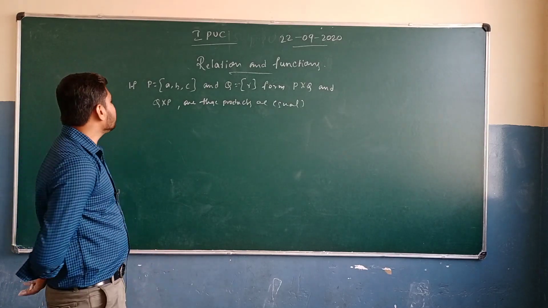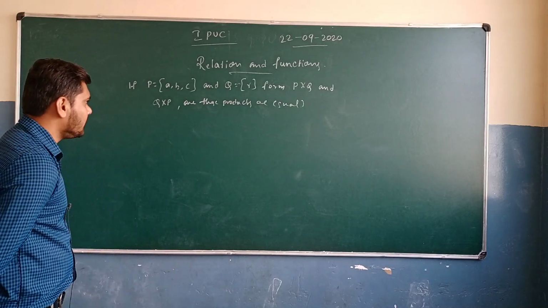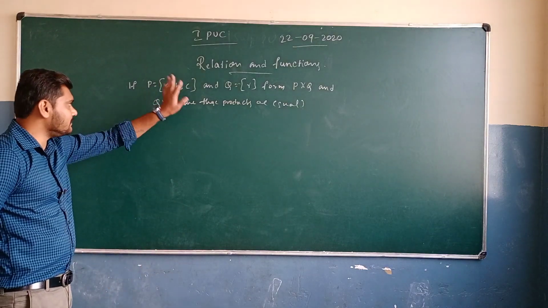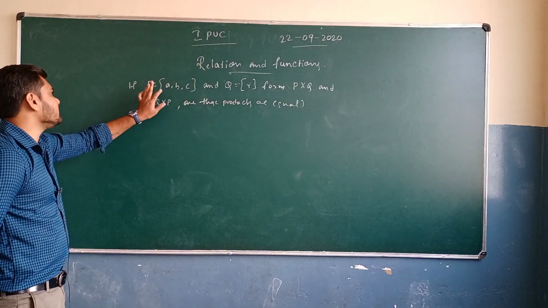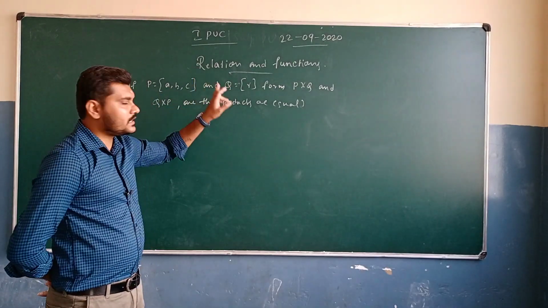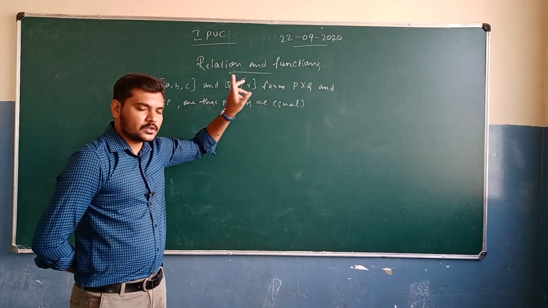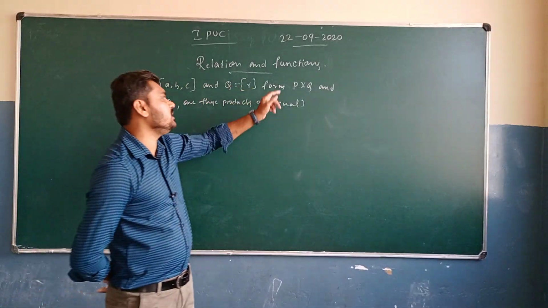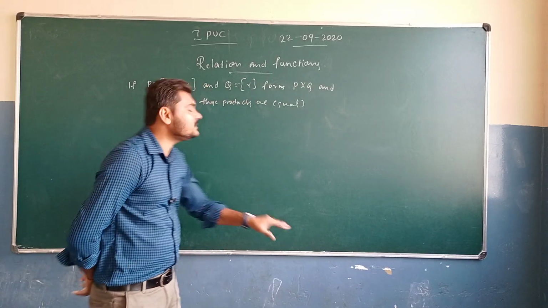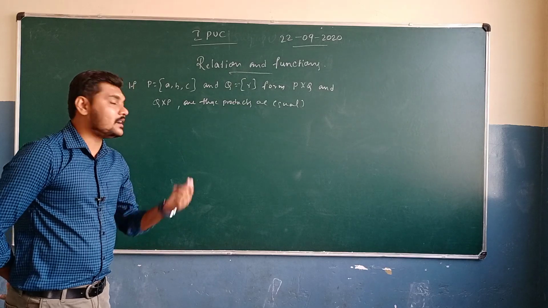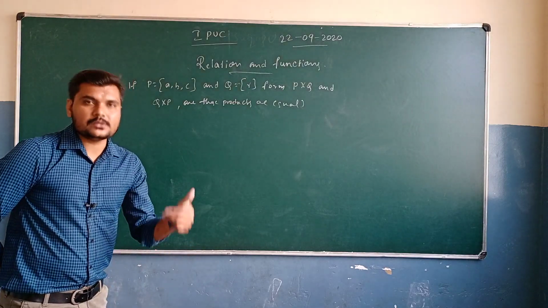Here P is equal to {a, b, c}, whose elements are a, b, c, and Q is the set containing only the element R. We need to form P cross Q as well as Q cross P, and check whether these products are equal.